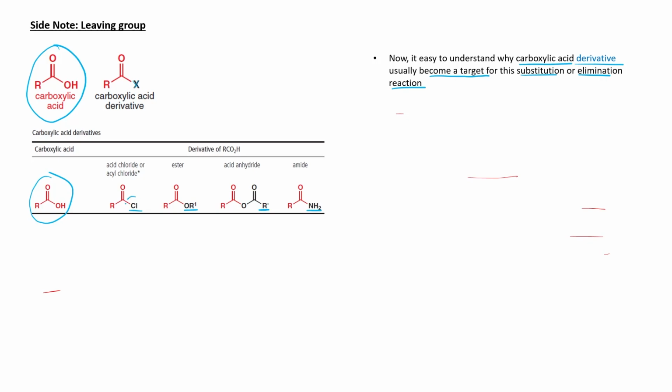Because Cl is basically a good leaving group, the Cl can become the anion. So it potentially behaves like a good leaving group, similar to this OR and this O2R and so on. So now if you use this as a starting material for your reaction, then it's easy for this Cl, OR, O2R here to become a leaving group.